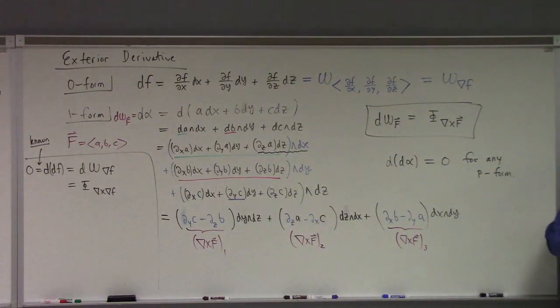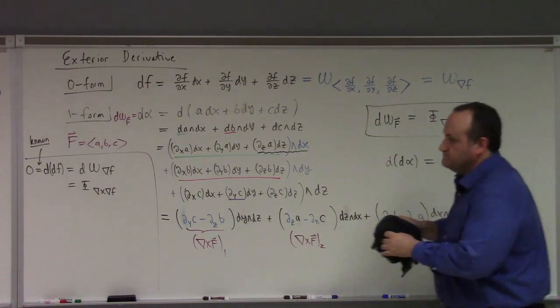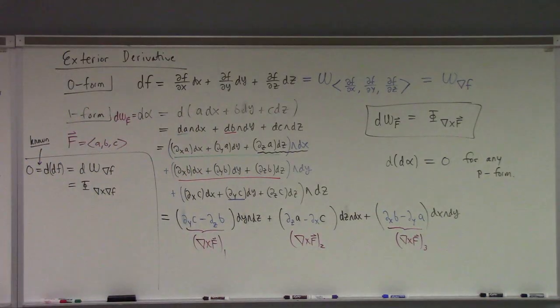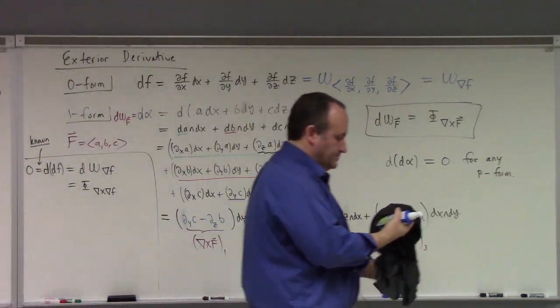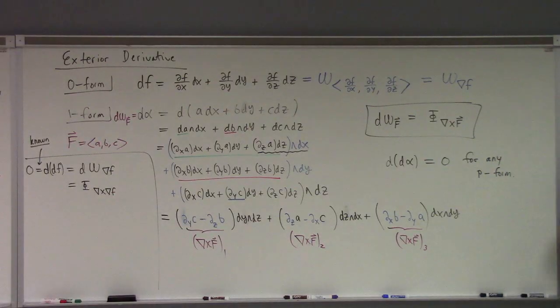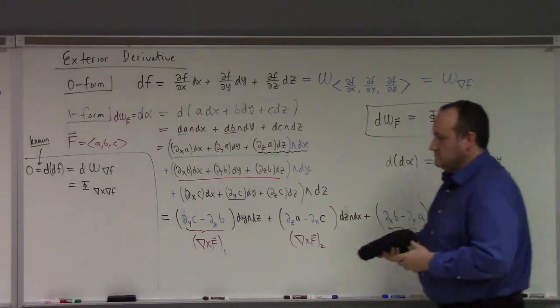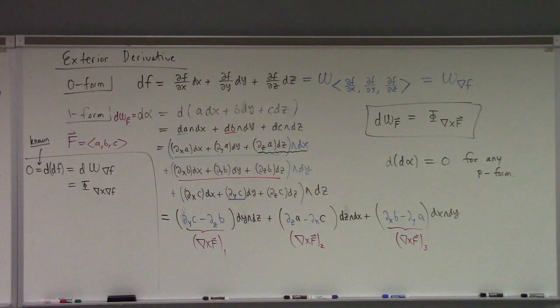What happens when we take the exterior derivative of the two form? The thing I'm erasing kind of foreshadows the calculation we're about to do. So here it is.